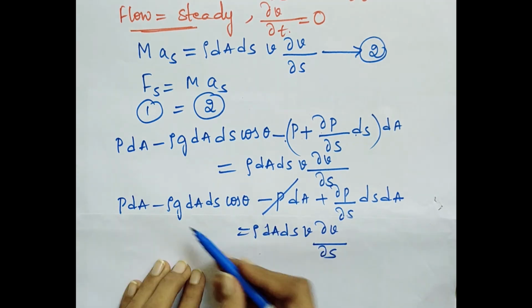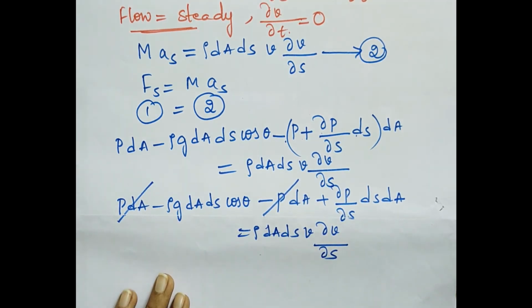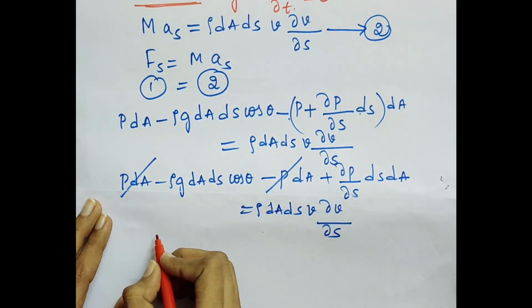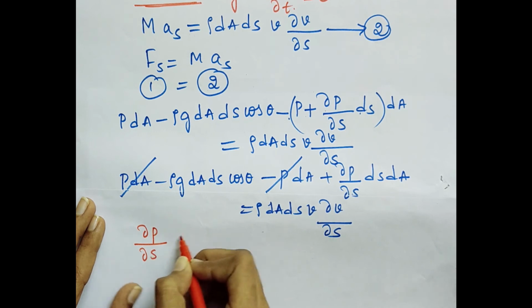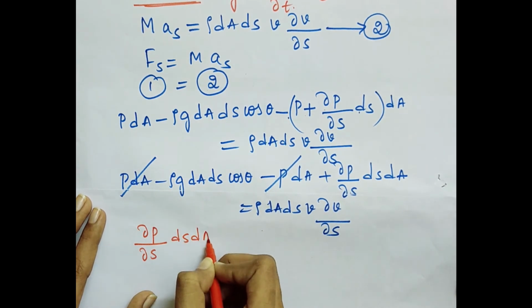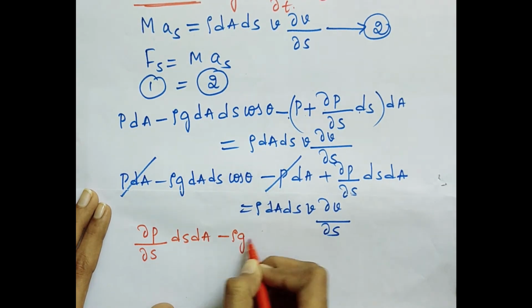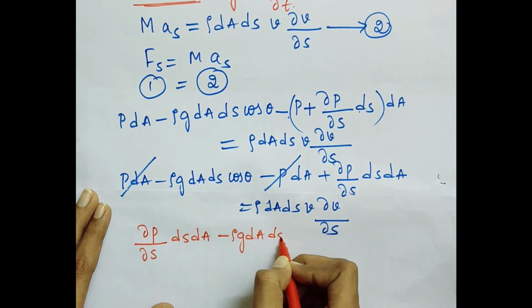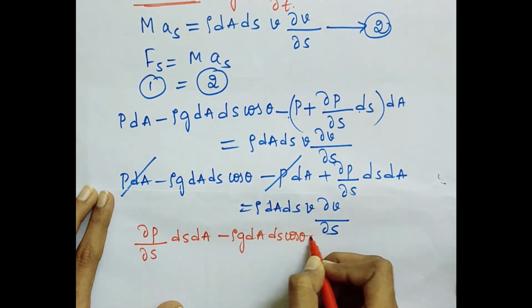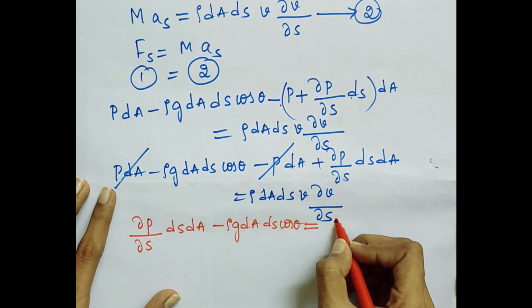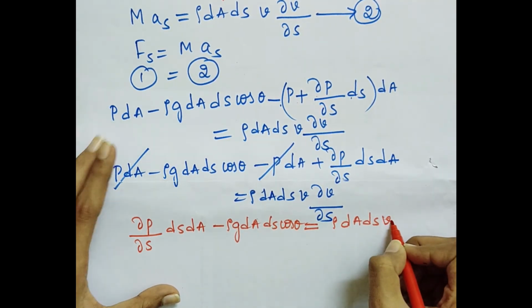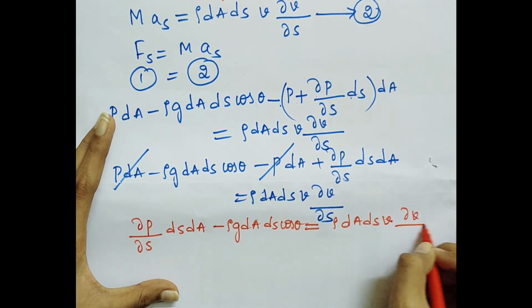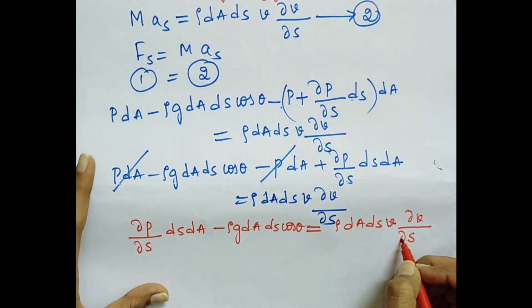Here minus P into dA plus P into dA will get cancelled. So you will remain with dou P by dou s into ds into dA minus rho g dA ds cos theta is equal to rho dA ds v dou v divided by dou s.